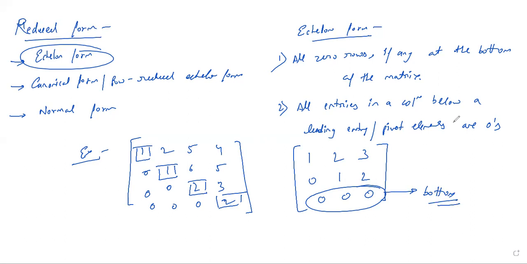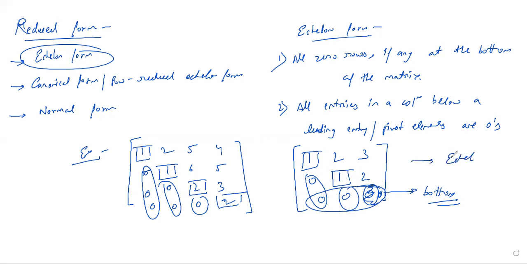All entries in a column below a leading entry are zeros. Sorry, this is not a leading entry, this is the leading entry. So below this the element is zero. This is how we represent an echelon form, and this is the pivot.